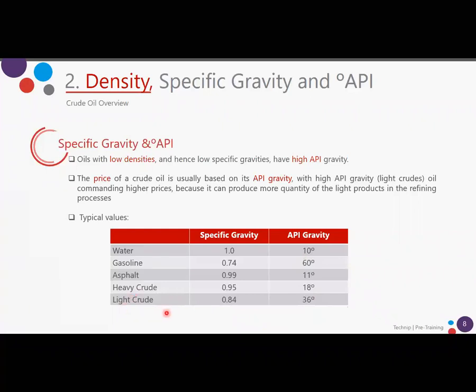For a light crude, the specific gravity is more or less 0.84, and you will have 36 degrees. For a heavy crude, the specific gravity is 0.95, and you will have an API gravity of 18. So a light crude has a higher API gravity than a heavy crude. For lower specific gravity, higher API gravities.